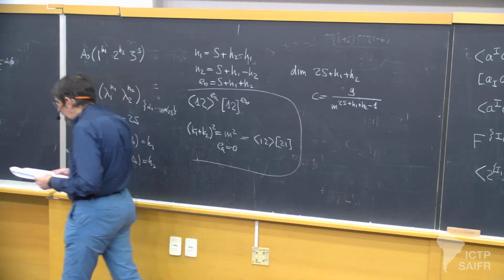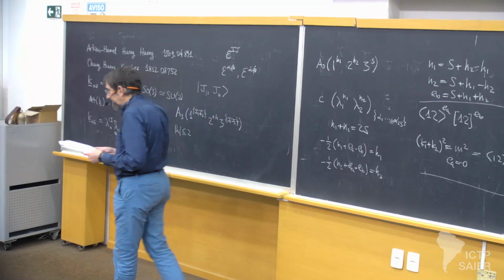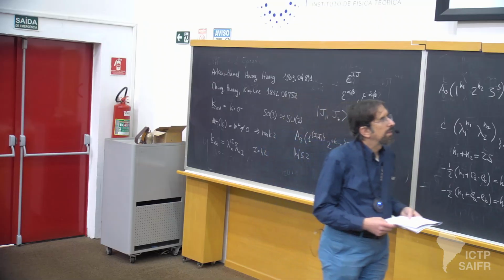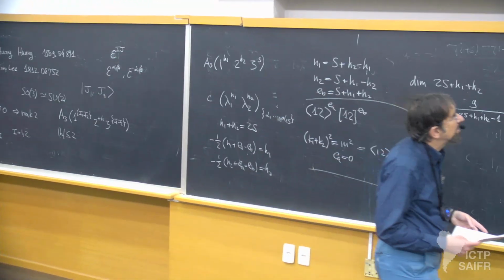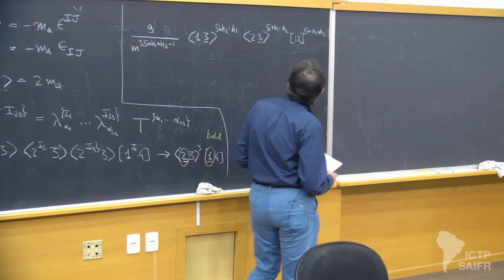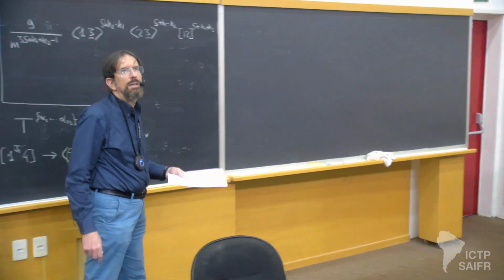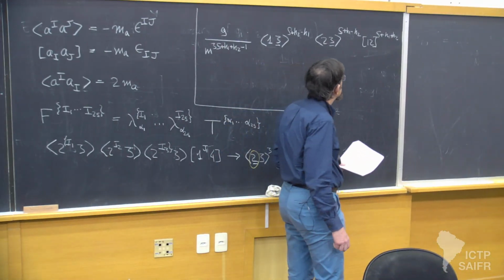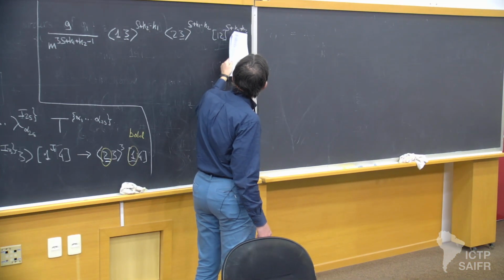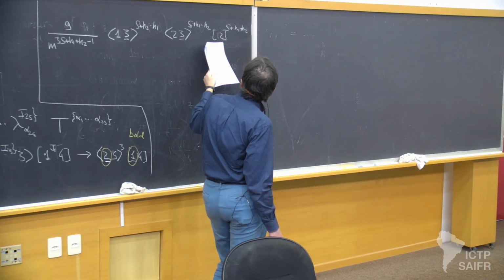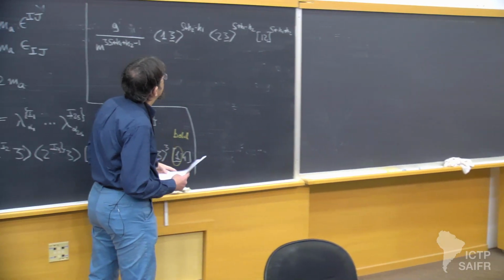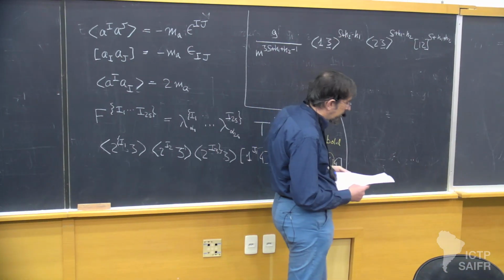So among other things, one can see that, for example, if you have an odd spin massive particle, and you take, let's say, the decay helicities to be identical or opposite, then this thing will be an even number, and this thing will have the wrong symmetry.